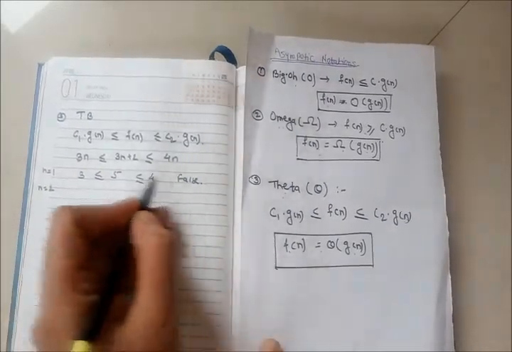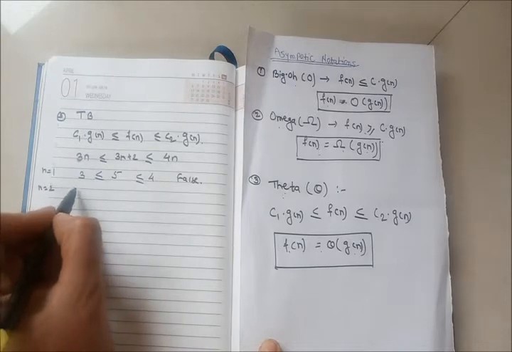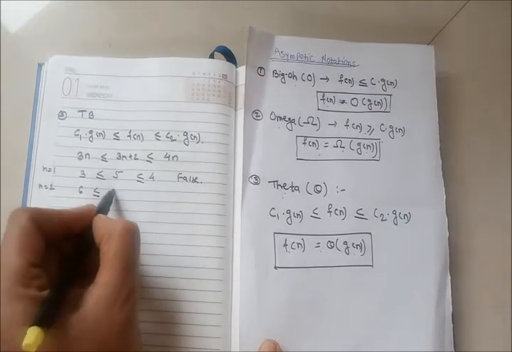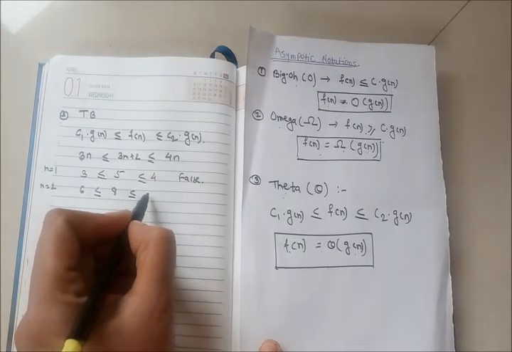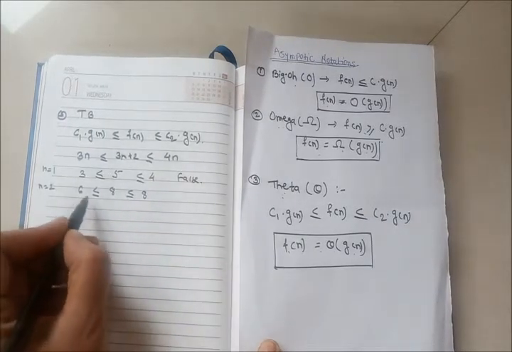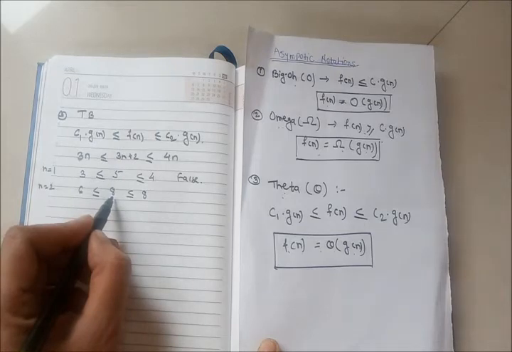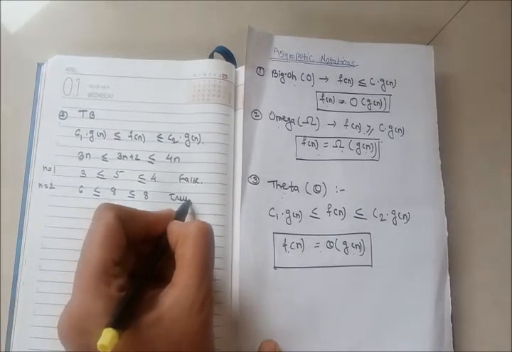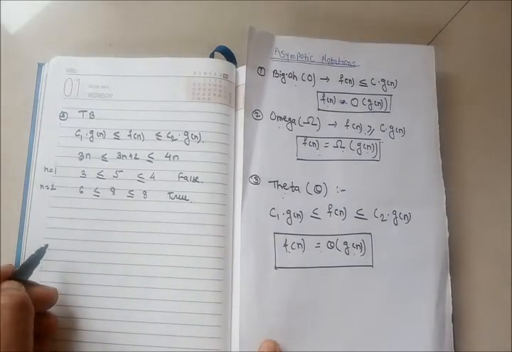After putting n is equal to 2, I will get 6 is less than or equal to 8 is less than or equal to 8. 6 is less than 8, yes. 8 is equal to 8, yes. That's why it will return true.